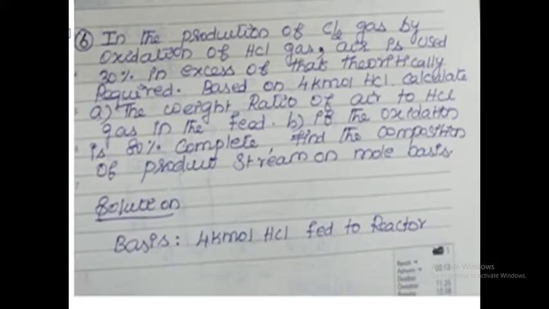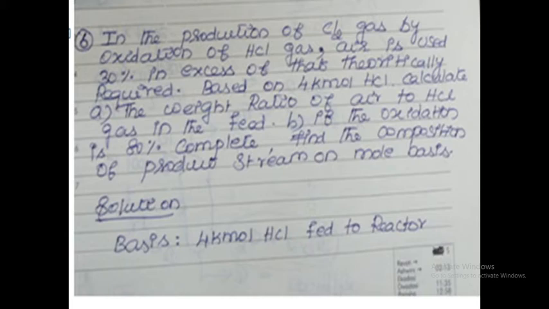Sixth problem. In the production of chlorine gas by oxidation of hydrochloric acid gas, air is used 30% in excess of that theoretically required. Based on 4 kmol of HCl, calculate first, the weight ratio of air to HCl gas in the feed.